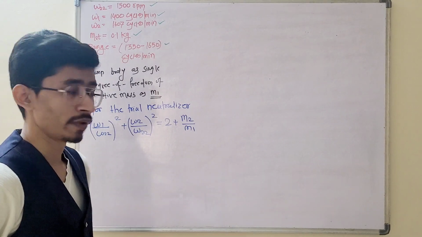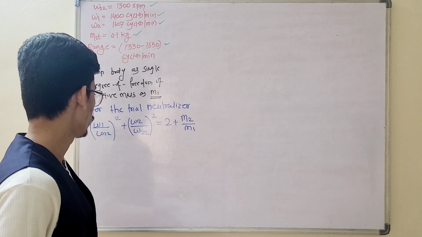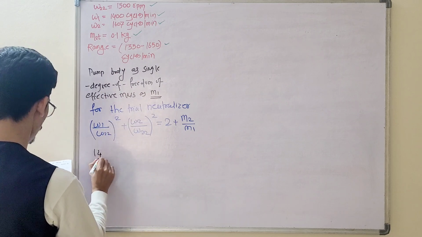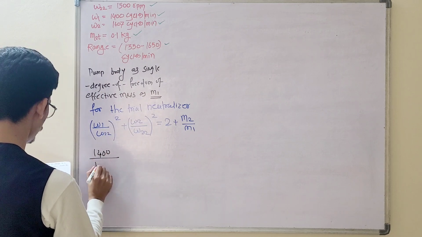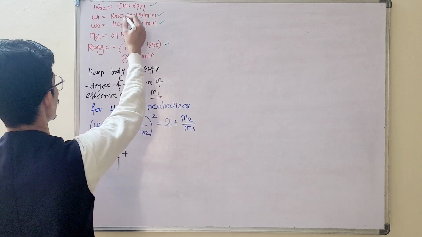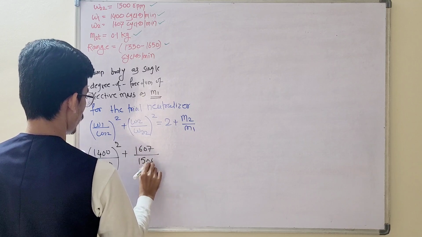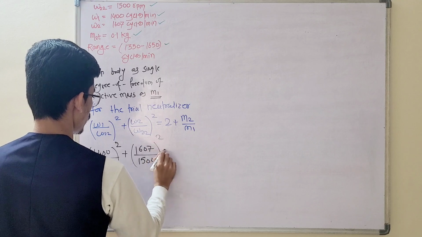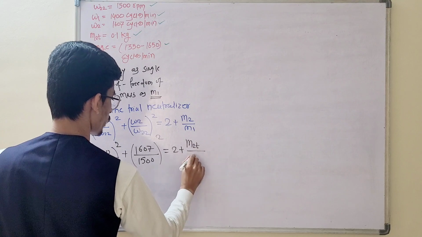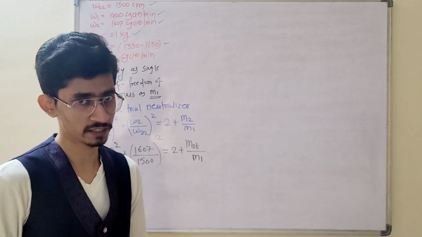Now we are just putting in the values. What is our omega 1 and what is our omega 2? Omega 1 is given as 1400 and omega 22 is 1500, squared, plus omega 2 value is 1607 and omega 22 value is 1500, the resonant frequency, equals 2 plus m2t by m1, where m2t is the mass of the neutralizer.